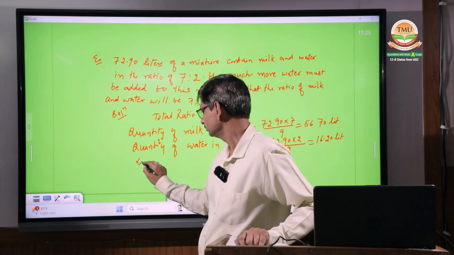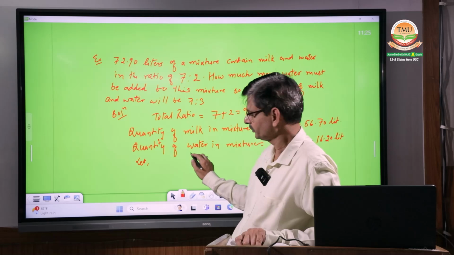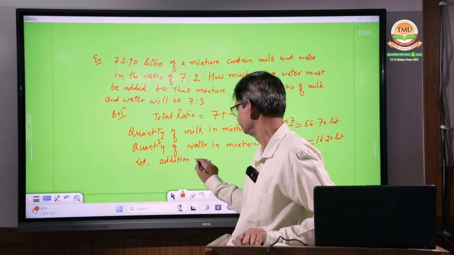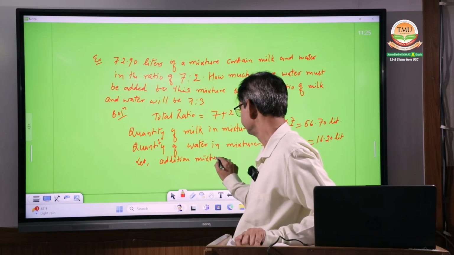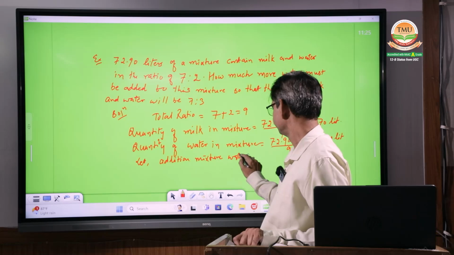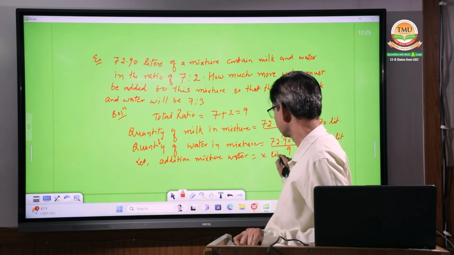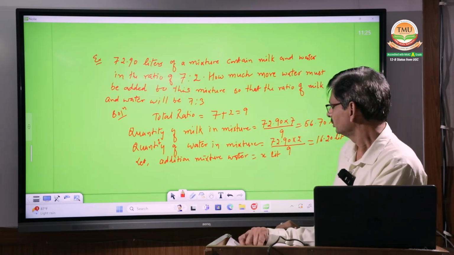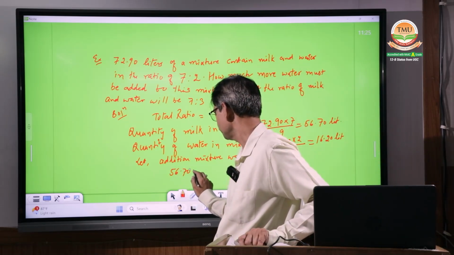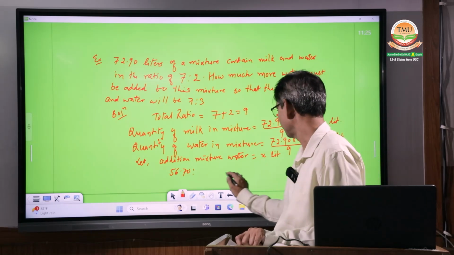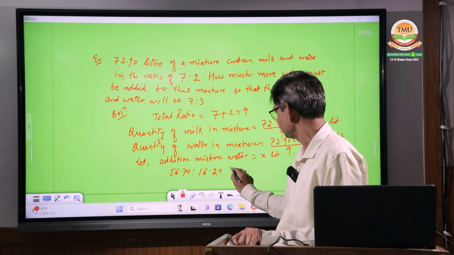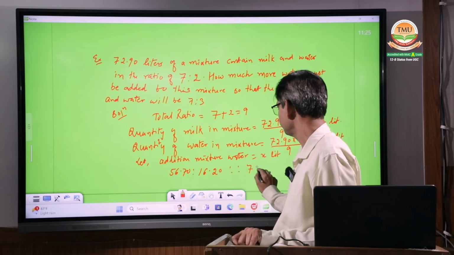Now let the additional quantity of water be x liter. Now that is 56.70 is to 16.20 plus x proportion 7 is to 3.